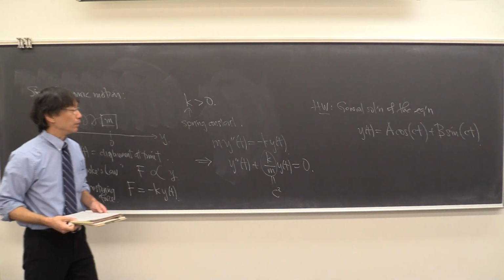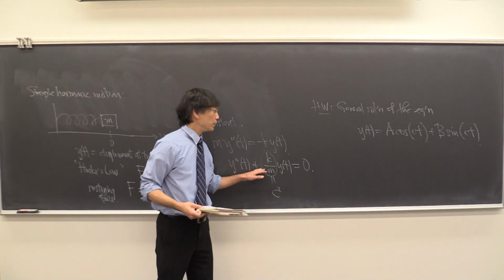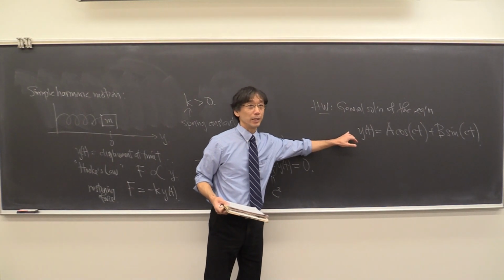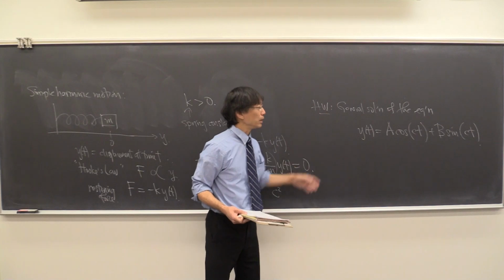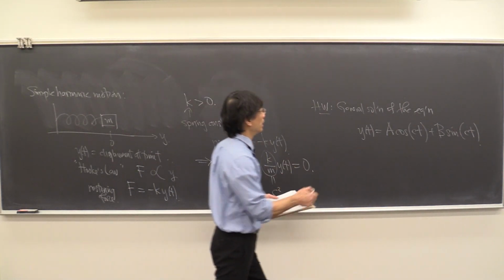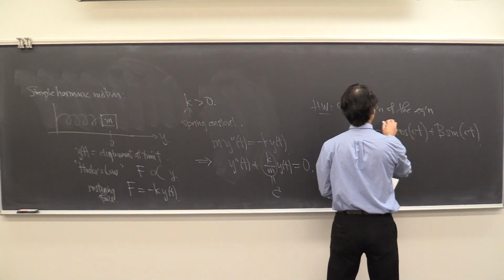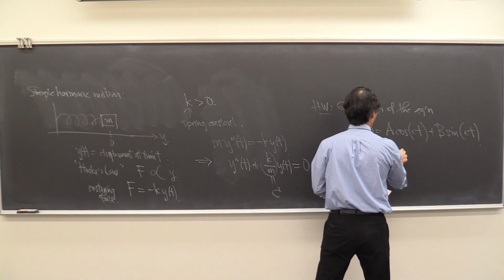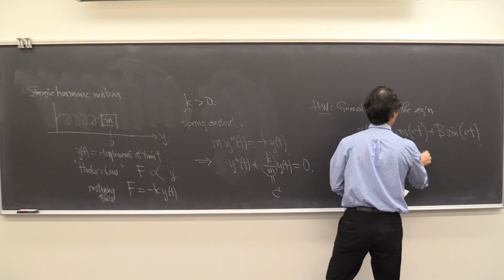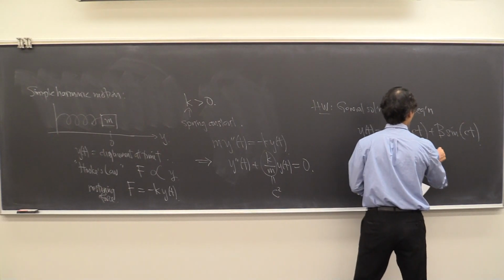One way is easy: to see that these are solutions is easy. To see that these are the only solutions takes a little bit more work. So these are the only solutions, assuming that y is twice differentiable.